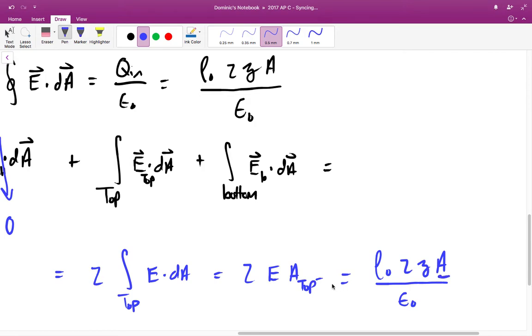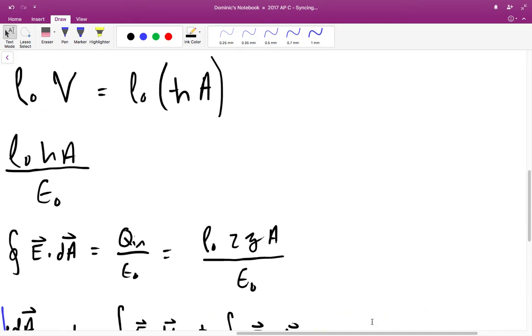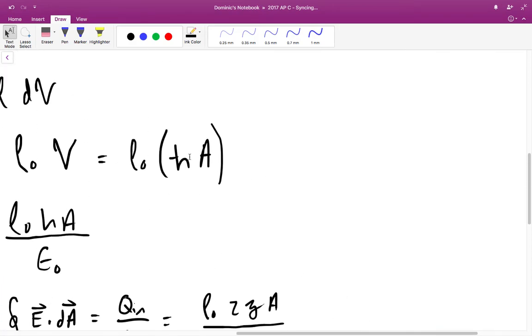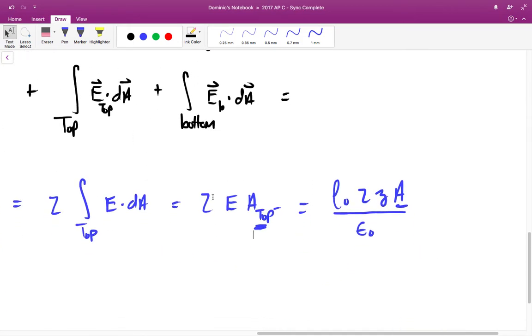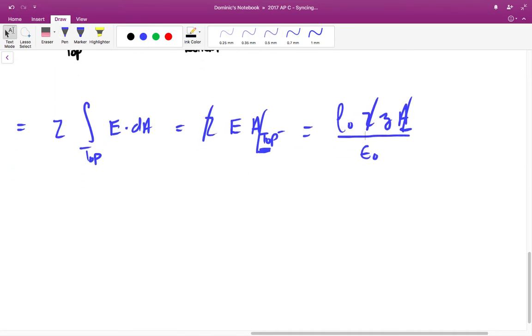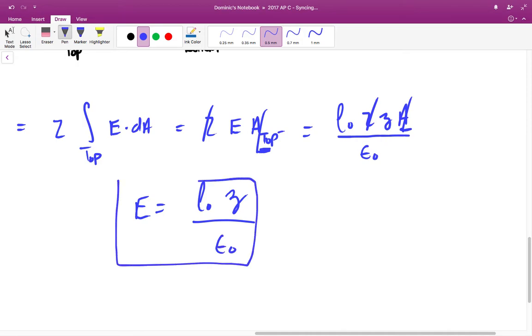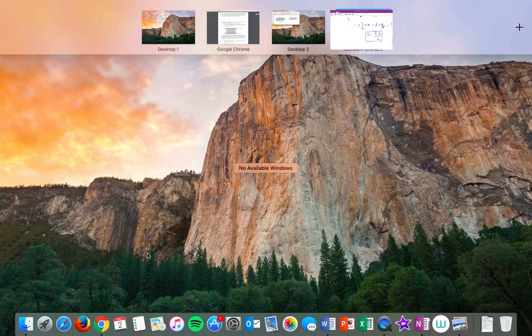This area is the same as this area, because when we found the right side of the equation, when we took the volume, we had the height times the area. The area is the area of our cylinder, whatever we make it. So these areas are the same, and they're going to cancel each other out. We can divide both sides by 2. That 2 will cancel with that 2. And what we're left with is the electric field is equal to rho naught Z over epsilon naught, which is what we wanted to find. Okay, so let's go look at our problem again.